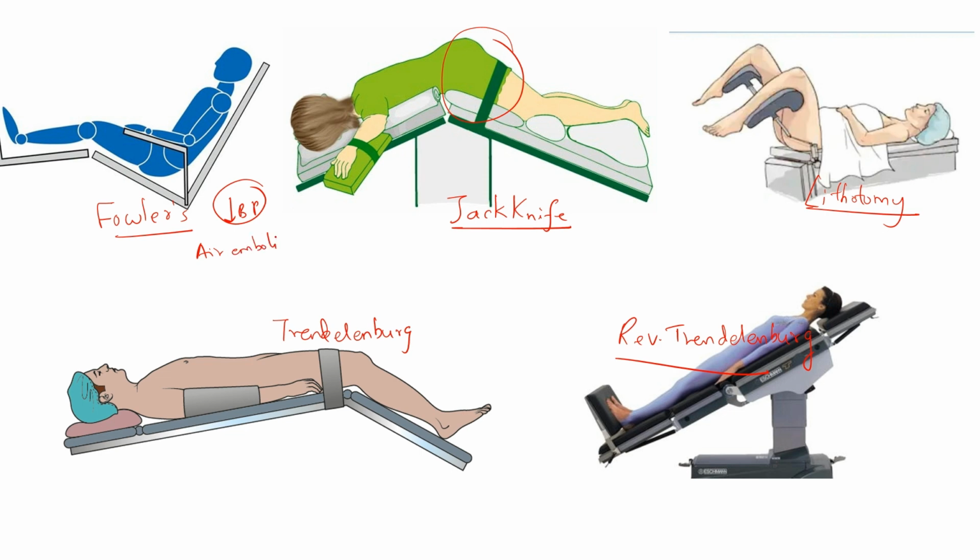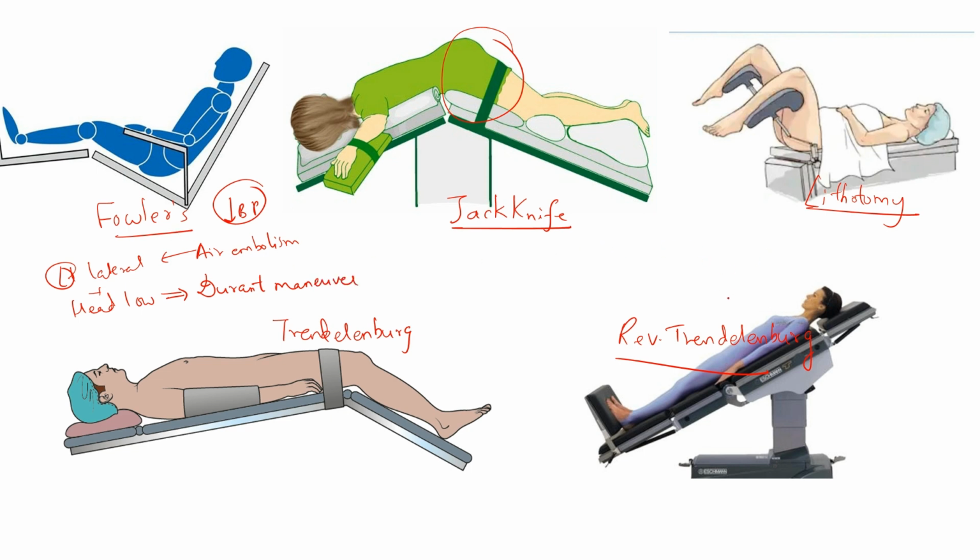So usually the immediate step we need to do is keep the patient in left lateral position and head low position. This maneuver is called Durant maneuver. So this is one important point regarding Fowler's position.